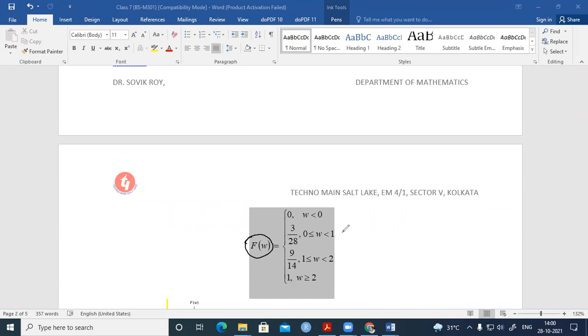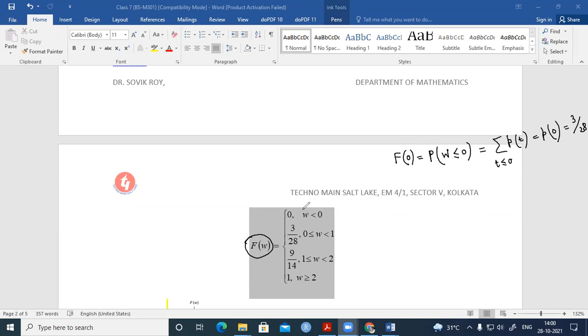You see, now F(0), which was the probability of W less than or equal to 0, which was the summation over t less than or equal to 0 of P(t), gives you P0 equal to 3 by 28. So your lowest value of the point is 0.